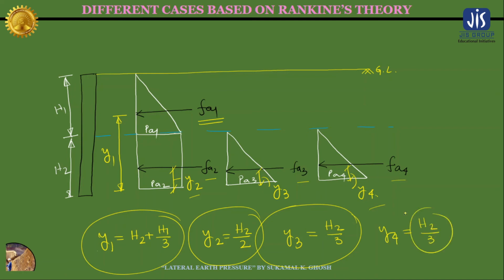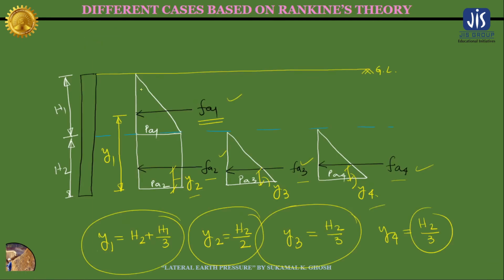So now how can we calculate the value of this FA1, this FA2, this FA3, this FA4? Simple, we just need to calculate the area of the pressure distribution diagrams, right? So the FA1 will be the area of this particular pressure distribution diagram, right?